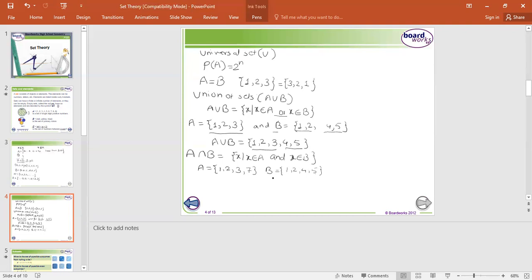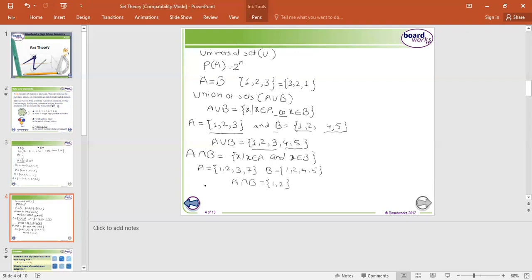A has 1, 2, 3, 7, B has 1, 2, 4, 5. Then A intersection B equals the common elements among these two sets, that is 1 and 2. So A intersection B will be 1 and 2.